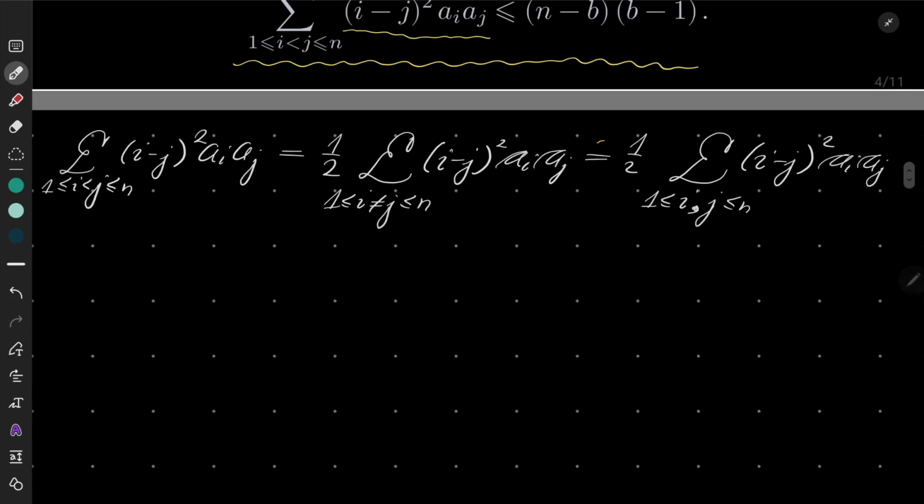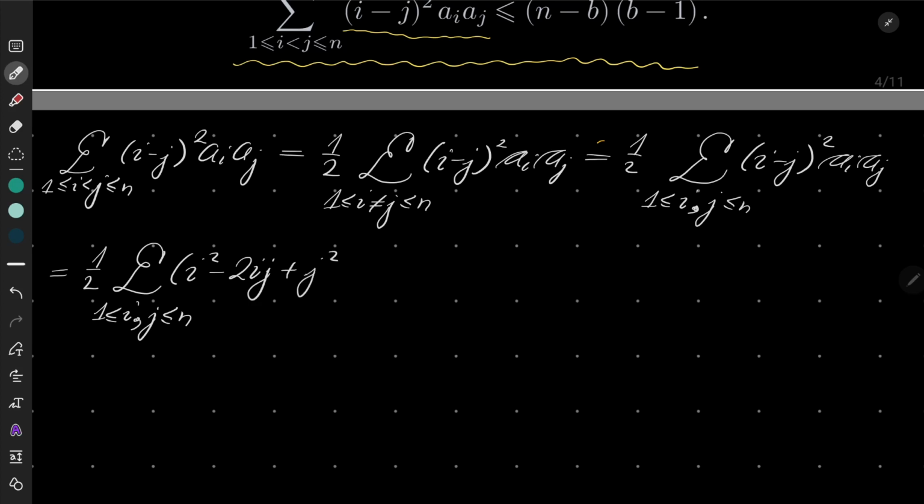And now let's simplify our sum even further. So we have 1/2 sum over i and j freely between 1 and n, and we have i squared minus 2 times i times j plus j squared, ai, aj.